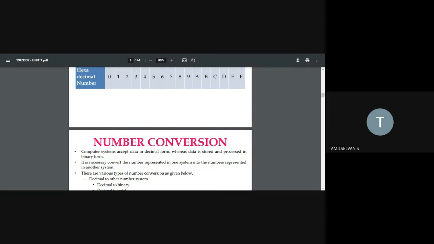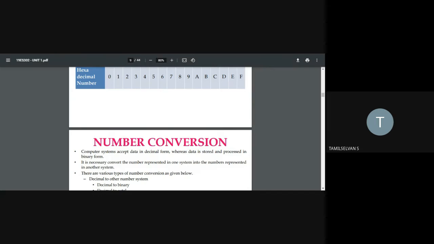The computer knows only zeros and ones, and we humans know the numbers 0 to 9. So we have to convert the decimal number into a binary number for computer representation, and the binary number into a decimal number for human identification.